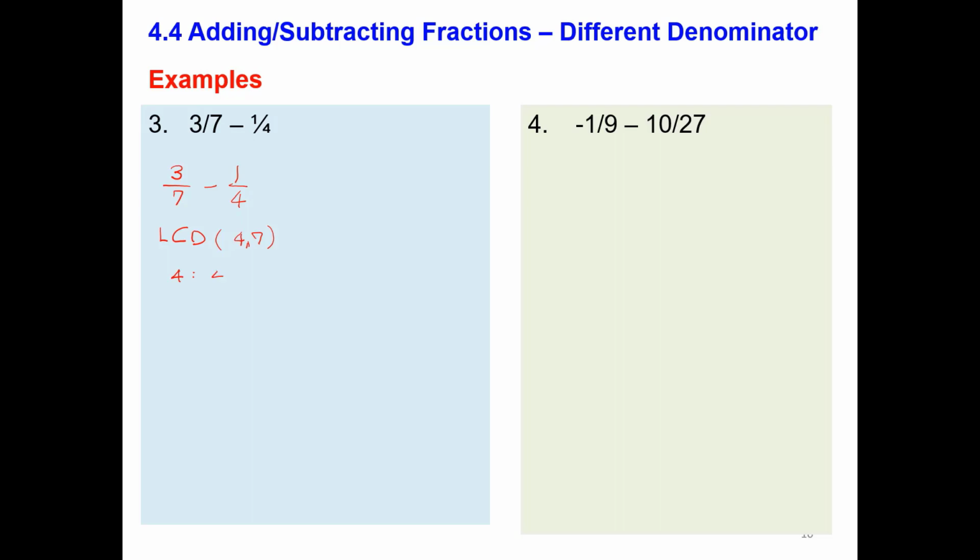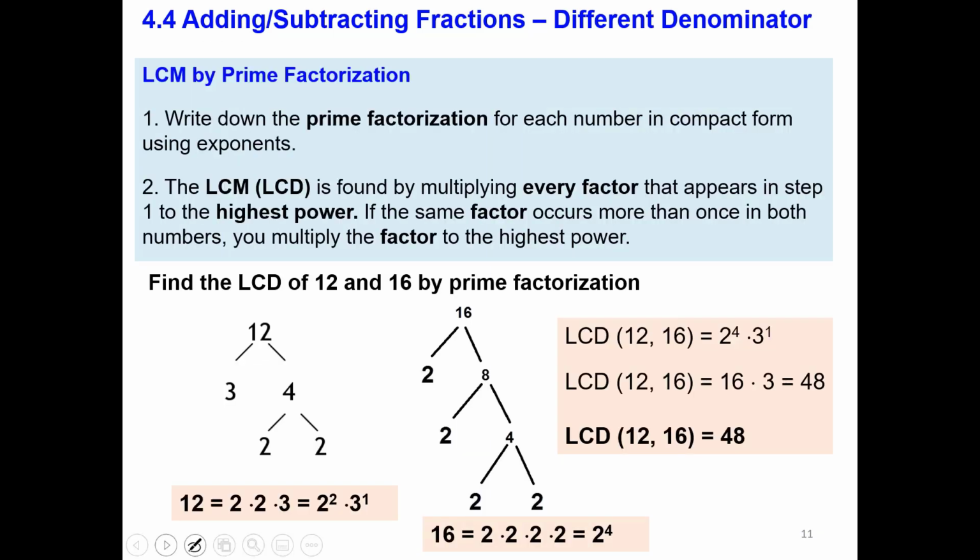Then it will be 4, 8, 12, 16, 20, 24, 28, 32. And list the multiples for 7. Then it's 7, 14, 21, 28, 35. And what is the least common multiple?